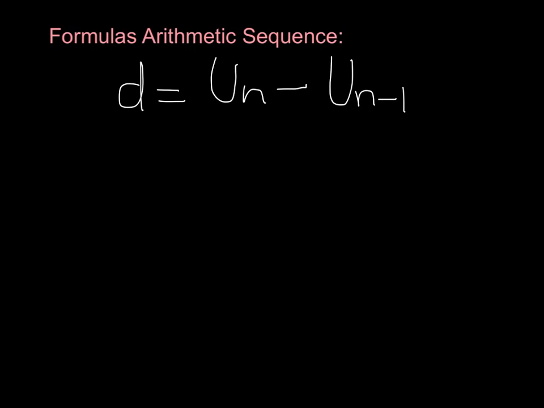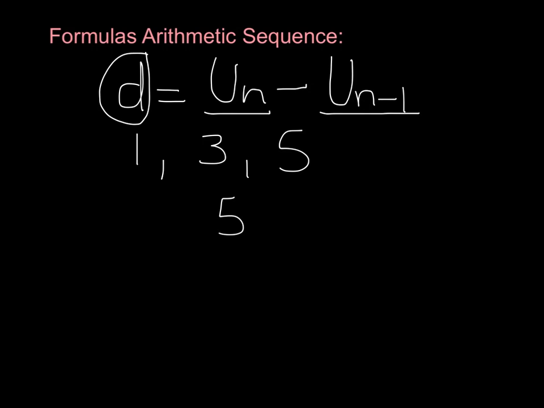This means whenever you subtract a value from the value before it in the sequence, it will give you the difference each time. For example, in the sequence 1, 3, 5, if you subtract 5 minus 3, it's going to give us 2. 2 is the common difference.